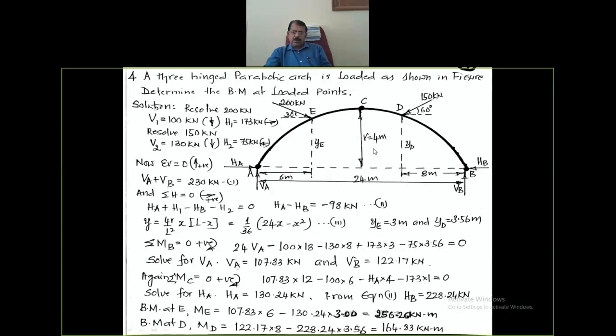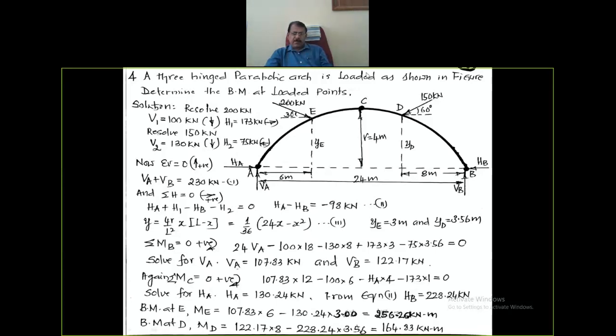In addition, the rise of the arch at the point C, that is r, is equal to 4 meter, and the arch is parabolic. Now call the ordinate at the point E as YE and the ordinate at the point D as YD. Now solve this problem, calculate the bending moment at the points E and D and then draw the bending moment diagram.